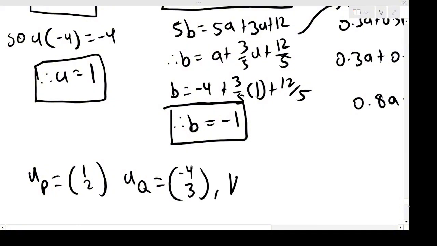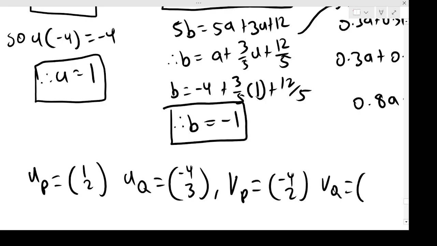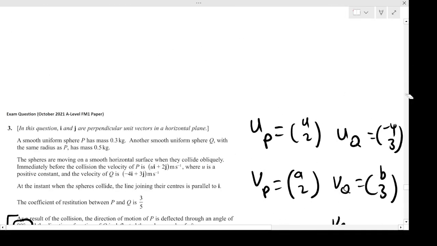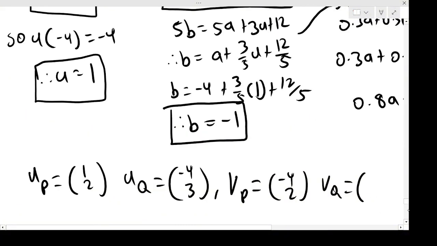Then VP was A, 2, but A is minus 4, so minus 4, 2. And then VQ was B, 3. So that's going to be minus 1 for B and then 3. So that's where we're at. So hopefully you're happy with that.